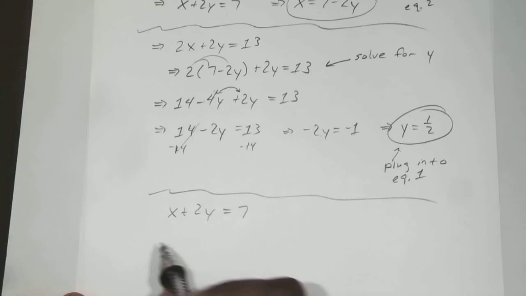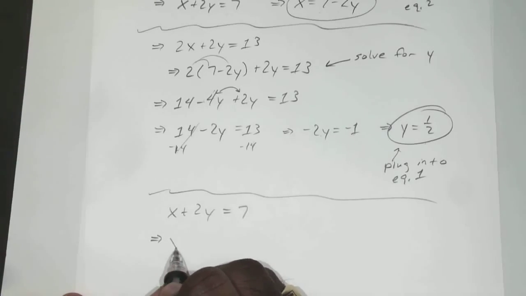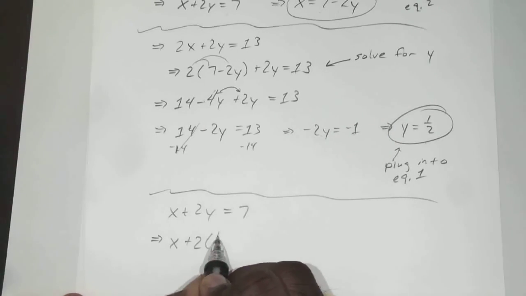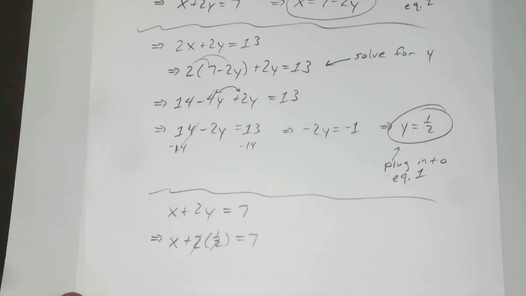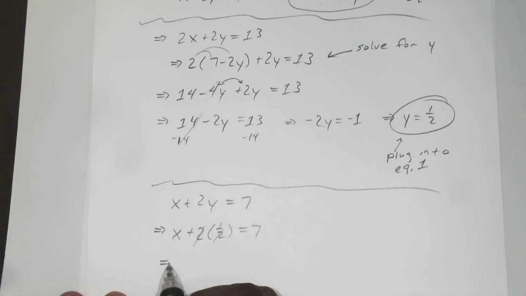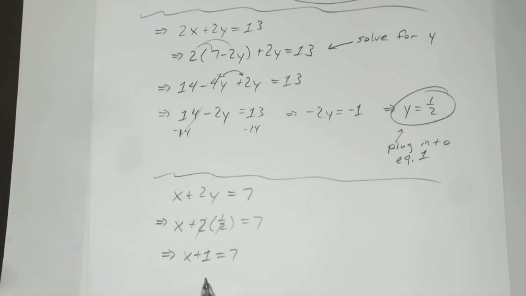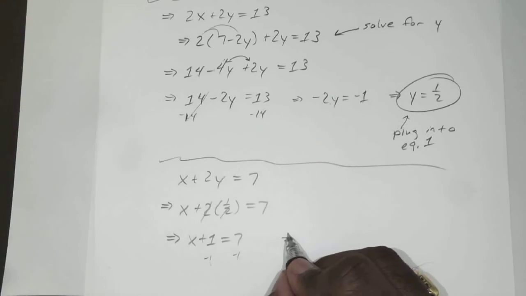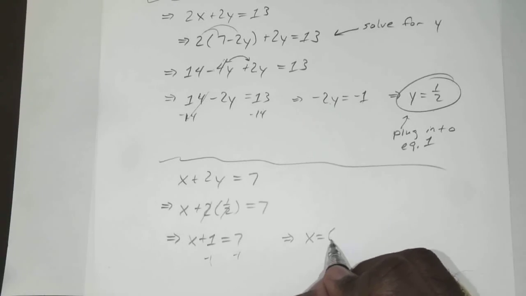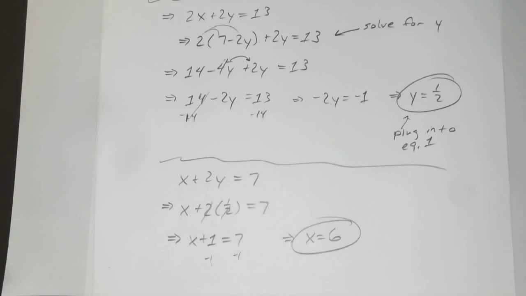Since y is equal to 1/2, x plus 2 times 1/2 equals 7, where our 2's cancel each other out. So we end up with x plus 1 equals 7. We subtract 1 from both sides. We end up with x equals 6.